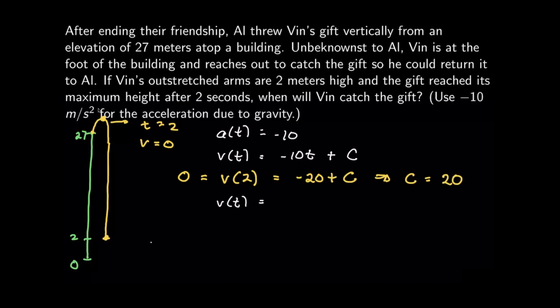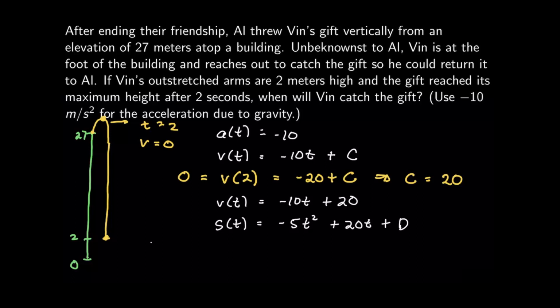So let me just write it. My v of t is negative 10t plus 20. And our s of t is equal to, integrate that. So we have negative 5t squared plus 20t plus another constant. But what will be this constant? This constant for our position function will just be the initial position, correct? Because when t is equal to 0, you will have your d.